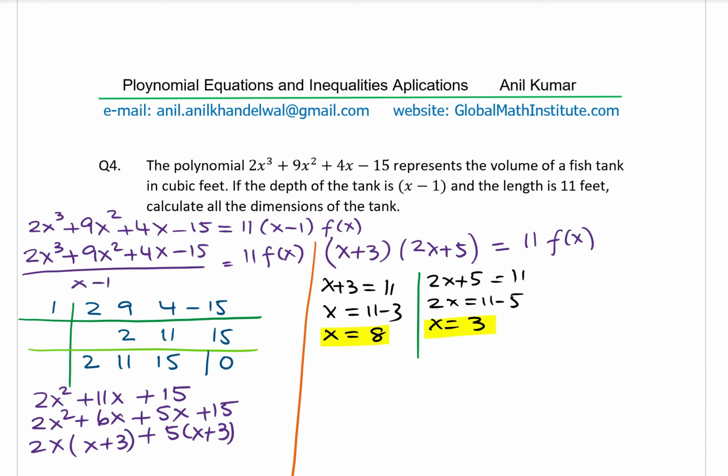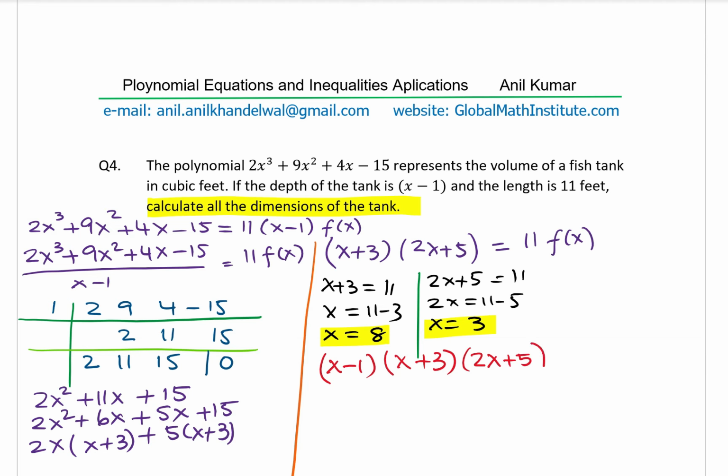And now we have to give you the dimensions. It says calculate all the dimensions of the tank. Now what are the dimensions of the tank? Let's rewrite the dimensions. We have x minus 1 and these two factors, right? So we have dimensions as x minus 1 times x plus 3 times 2x plus 5.